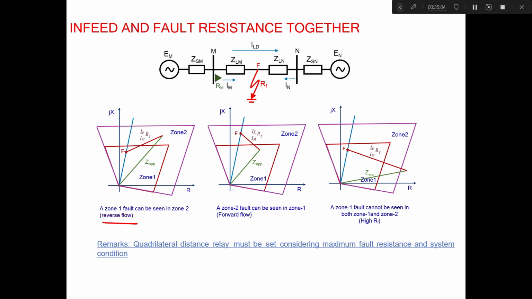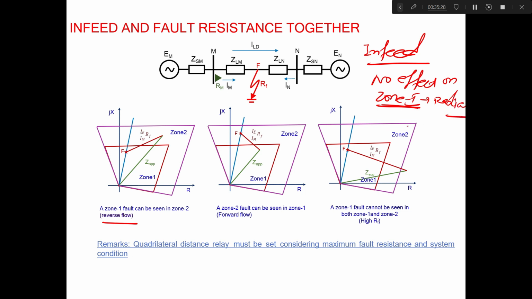The main point to consider is that the effect of infeed is generally no effect on zone 1, but in case of only a radial feeder, if you are considering the source at both ends or pre-fault power flow conditions with a high resistance fault, then the infeed might change the apparent impedance measured to such a value that the relay might not detect a fault and might not operate.